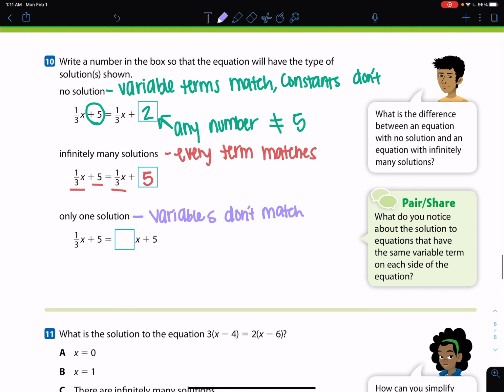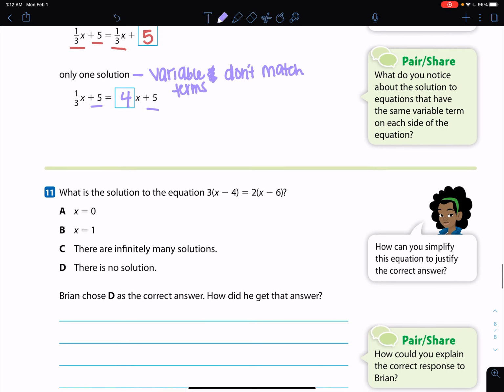So the variable terms don't match. It's okay if you have these here because they'll end up just canceling each other out. But then you just have to make sure that the variables don't match so you can have your one solution. So let's make this something super easy. I'll just do a 2. Oh, I already did a 2. Let's do a 4. I do apologize about getting confused and not saying that it was the variable terms.